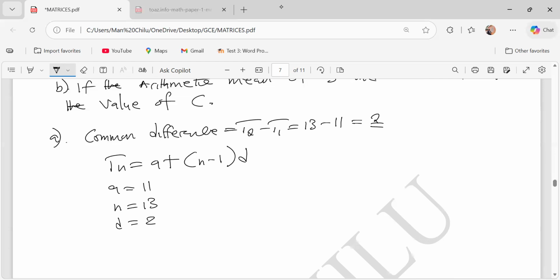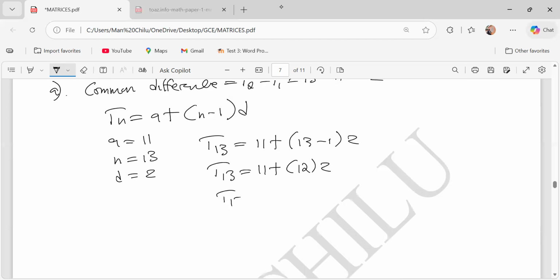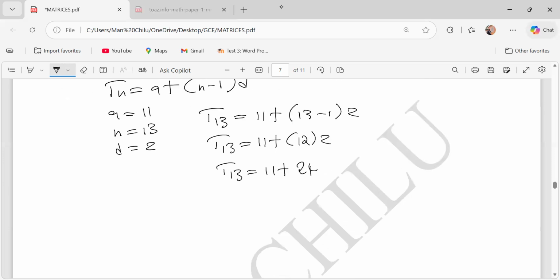So T13 will be equal to 11 plus 13 minus 1 multiplied by 2. So T13 will be equal to 11 plus 12 times 2, which gives 24. If you add the two, T13 will give us 35.